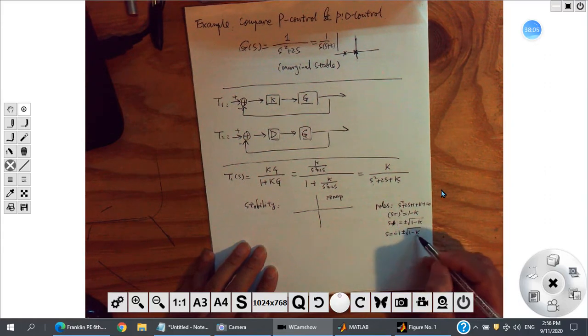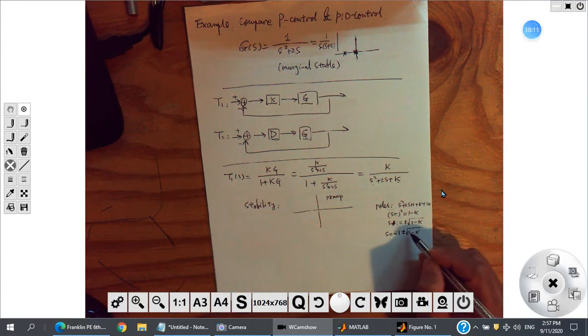If k is less than 1, this side is positive, then you take the square root of it, so you have two poles on the real axis. And if k is larger than 1, then you have imaginary. This is the imaginary part. The real part is always negative 1.